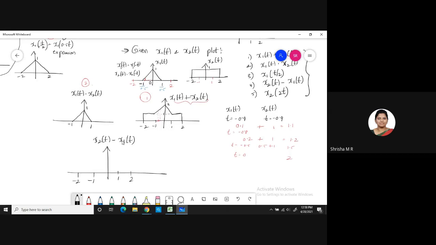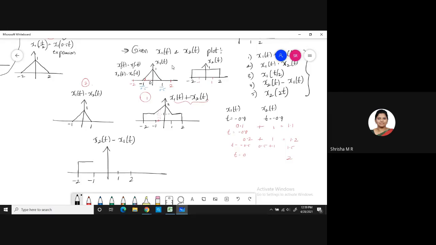So from minus 2 to minus 1, what is the amplitude? 1, ma'am. Here you have 0, here you have 1. So we have to do x2 of t minus x1 of t. So this is 1 here and 0 here. 1 minus 0 is 1. So the signal will be 1 from minus 2 to minus 1.